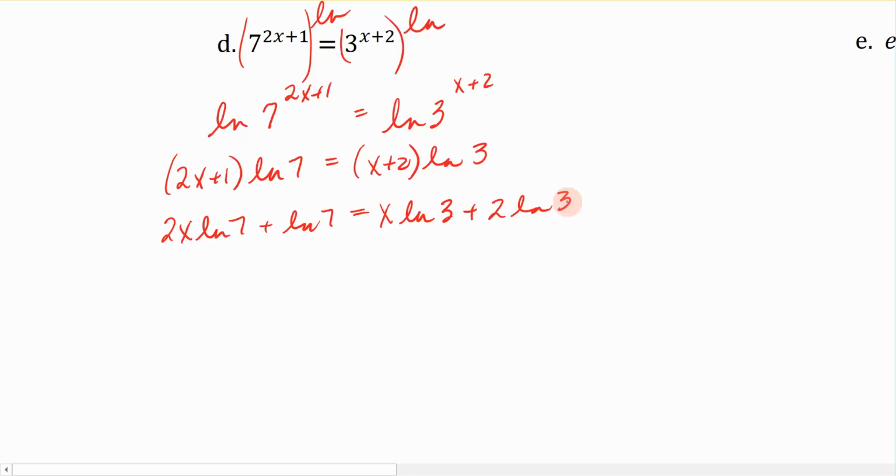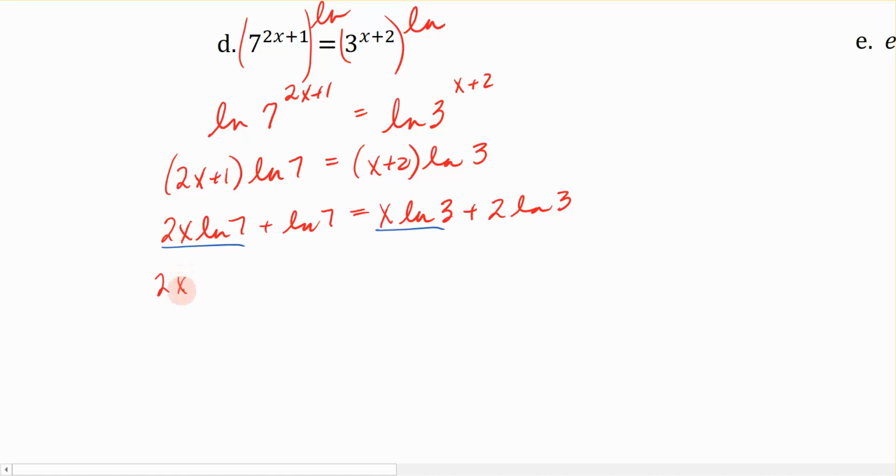Okay, now we are going to collect my like terms. Notice that I have a term over here that has x in it, and I have a term here that has x in it, and I want both of these on the same side of the equation. So I am going to subtract x ln 3 over to the left.